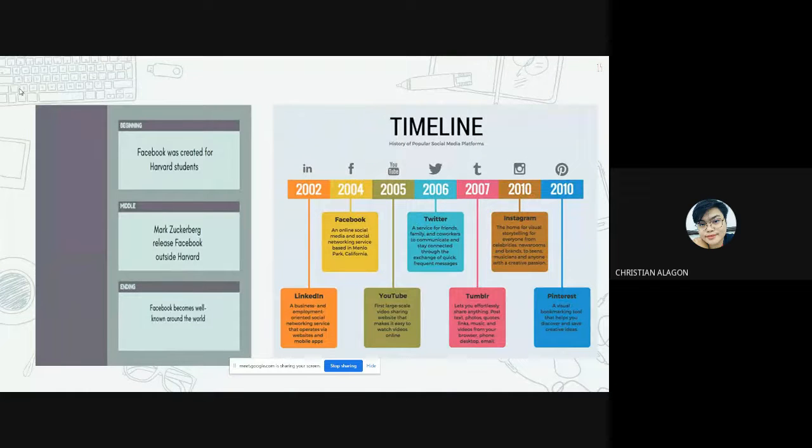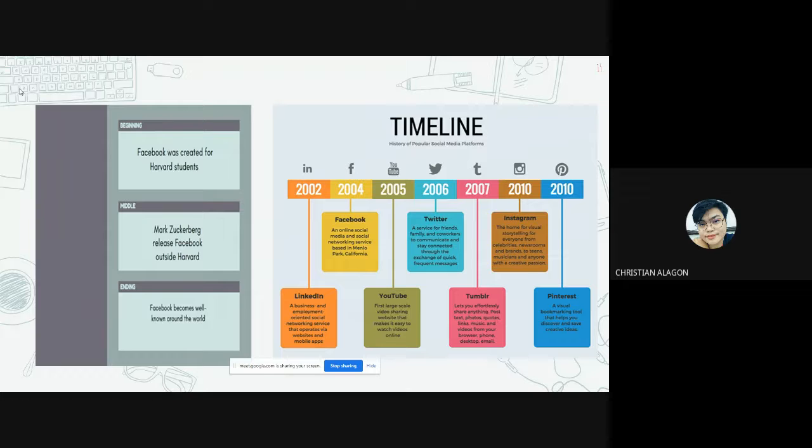I have here: Facebook was created for Harvard students, and Mark Zuckerberg released Facebook outside Harvard, and Facebook became well known around the world. So that is the chronological order of what happened in Facebook. I have here also the series of events that happened in particular years.